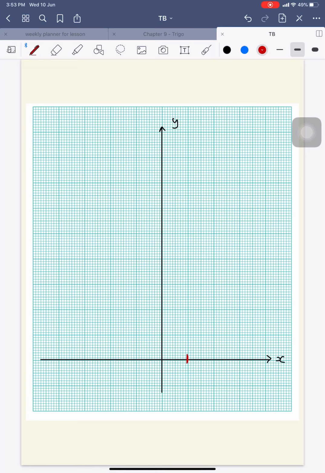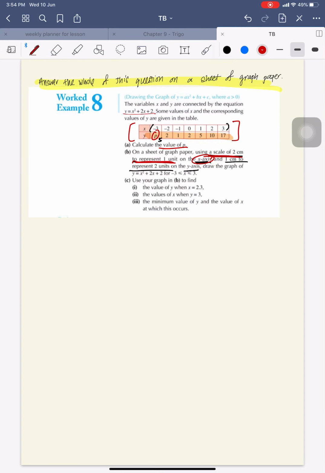You can use a ruler to measure. So this is my 2 cm, 1 unit, 2 unit, 3 unit. And I do the same for the negative: -1, -2, -3.